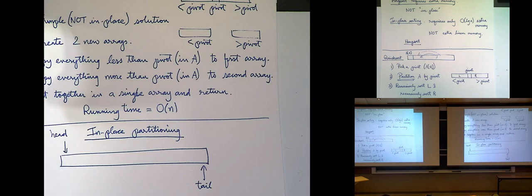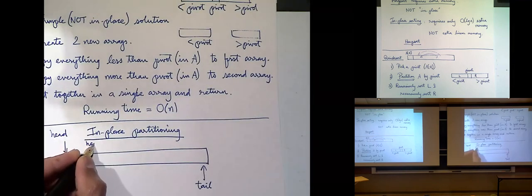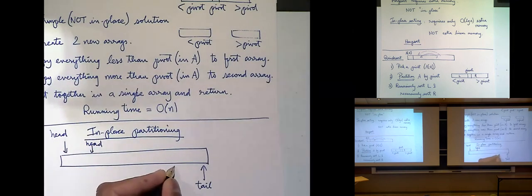So what does it mean to leave it there? Increment head. Let me first verbally say the logic, and then I'll write it down. If head is less than the pivot, increment head. If the tail is more than the pivot, decrement the tail. So this is going to keep incrementing until it ends up here, and this is going to keep decrementing until it ends up here.